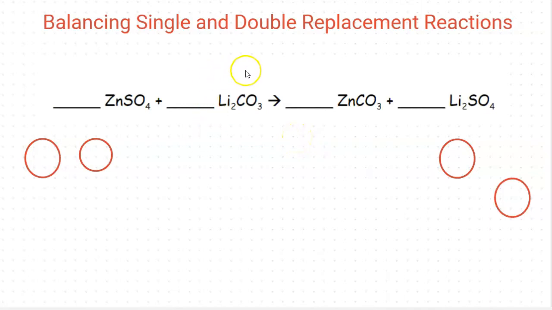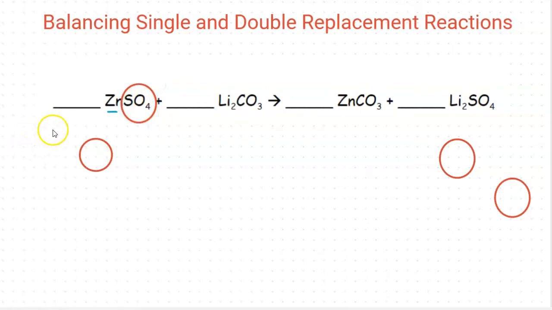What we're going to do with this double replacement reaction is not balance all of the elements individually. We're going to focus in on what kind of ions we have. In this case up top I've got the zinc ion, but then I've got this sulfate, SO4. You should recognize that sulfate is an ion all by itself.